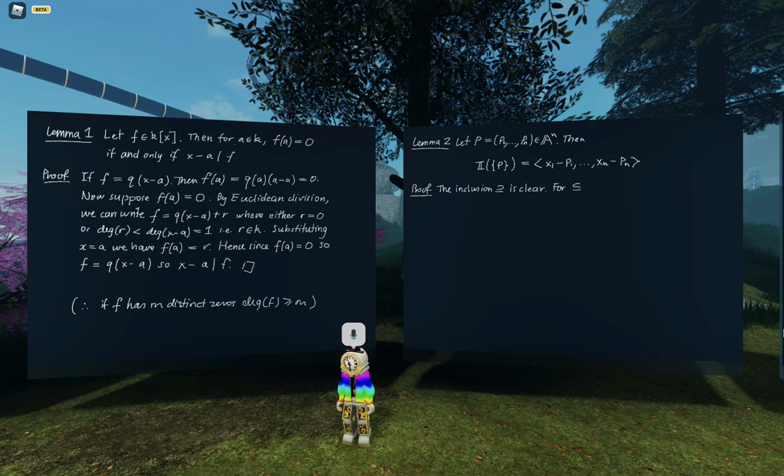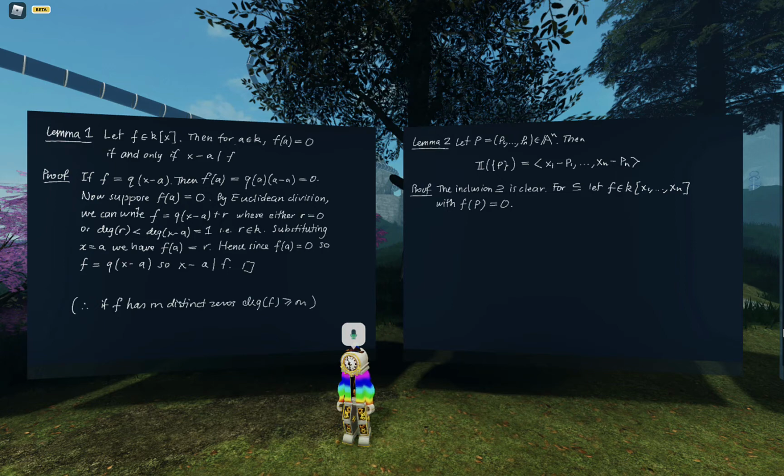That is, we have to suppose that we're given a polynomial f which vanishes at p. And we have to prove that it can be written as something times this polynomial plus something times this polynomial.